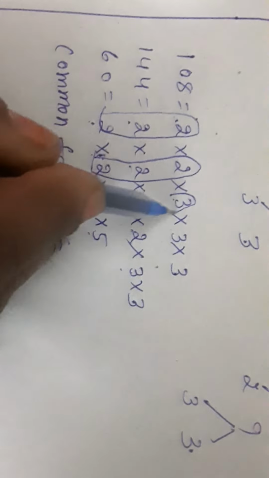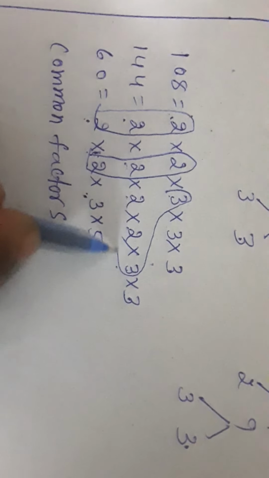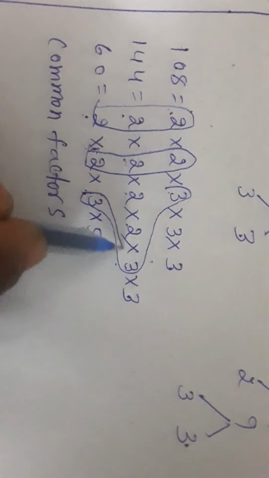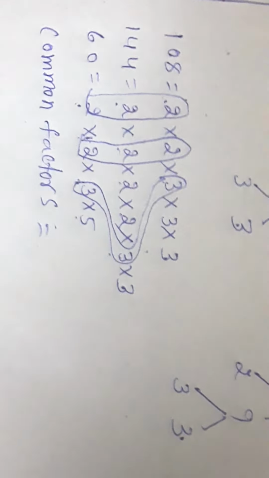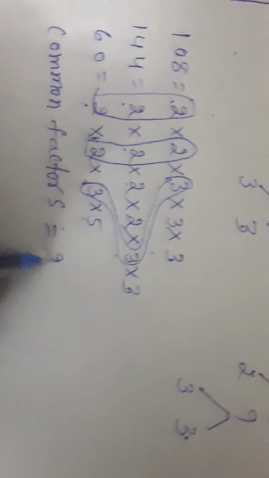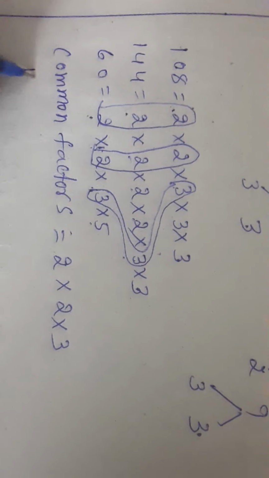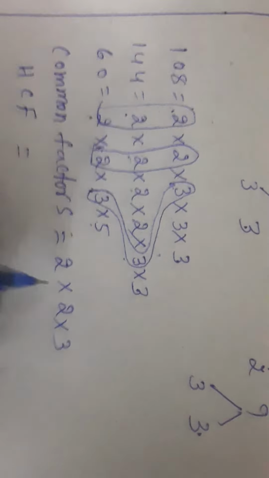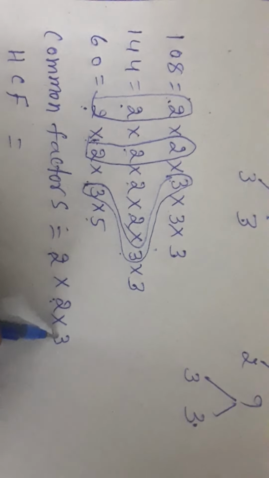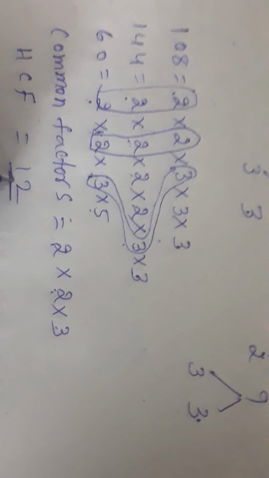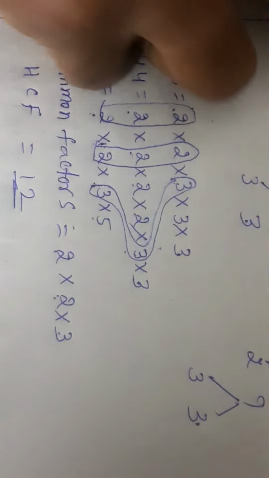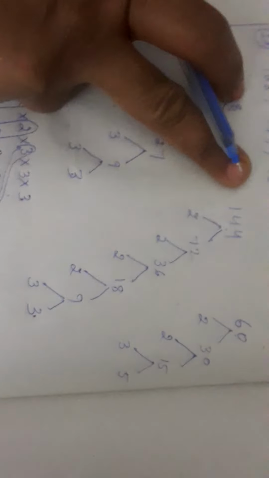So common factors are 2 into 2 into 3. So HCF is 2 2s are 4, 4 3s are 12. 12 is the HCF of 108, 144 and 60.